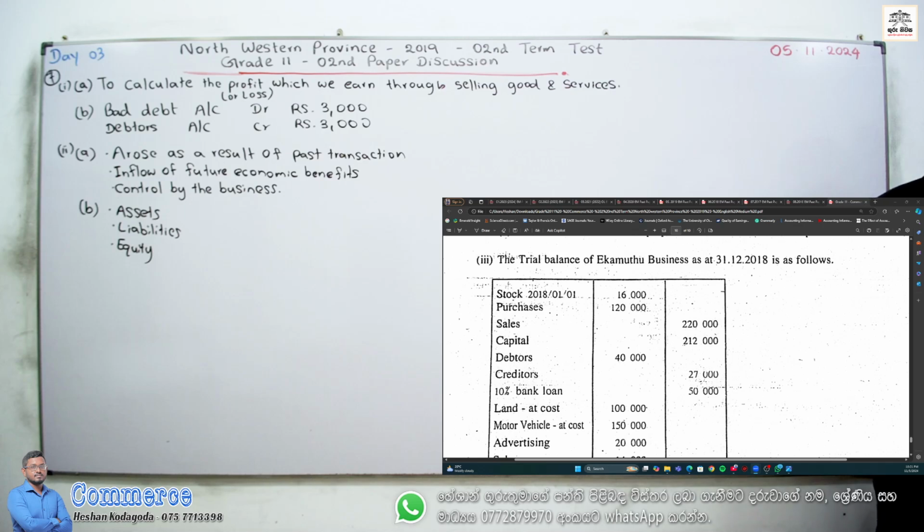So this trade account, all these names, it's not asked in the O/Levels. All done. Hope you have finished, right?